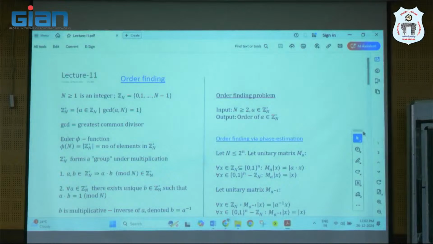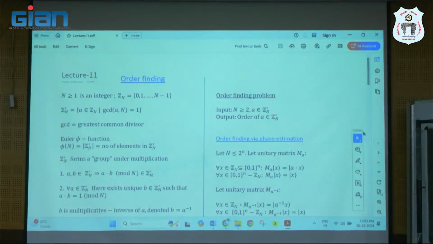What is the order finding problem? We are given an integer N, and this set is Zn. The set Z star n is the set of integers A in Zn which are co-prime to capital N. The Z star n forms a group under multiplication, which means that for any A, there is a smallest r so that A to the r is 1, and that r is the order of A in Z star n.